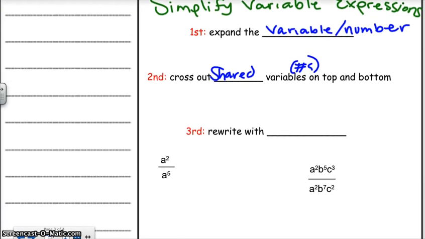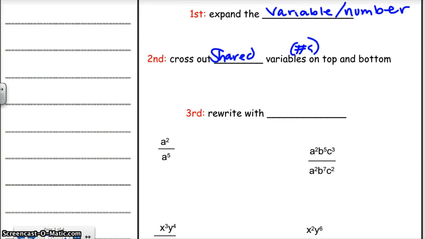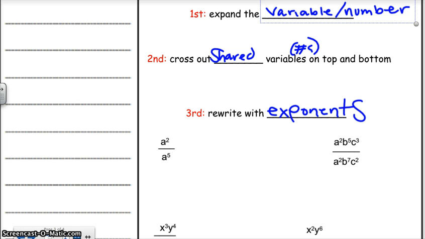And then lastly, you're going to rewrite with exponents. So first, expand them out. Second, cross out anything they have in common. Third, rewrite with exponents. Moving on to this first example, a squared over a to the 5th.